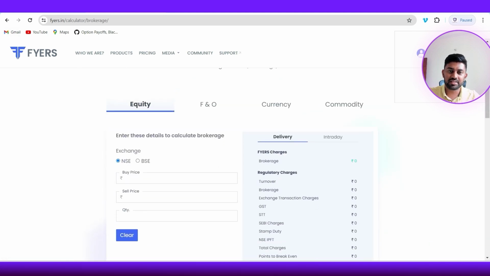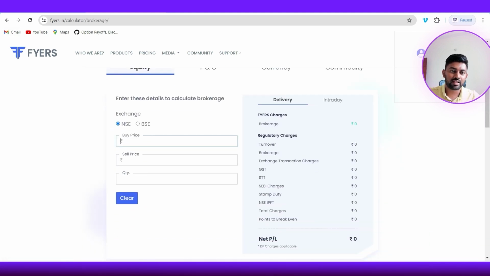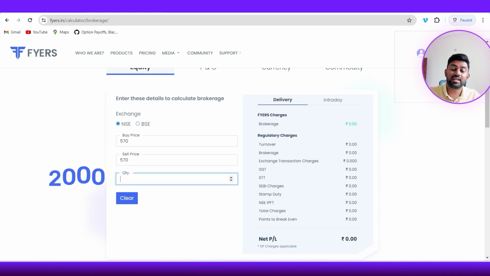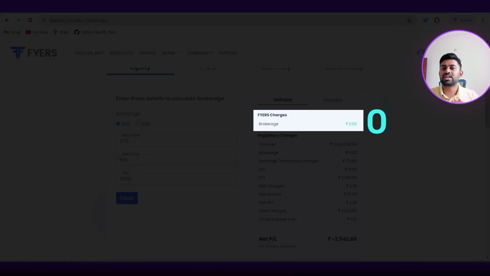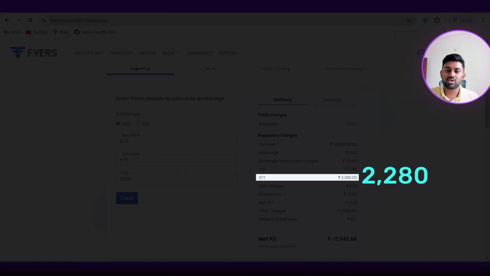So here it is. In equity, let us say I buy at 570 and sell at 570, and the quantity is 2000. The brokerage is 0. Fire's is not charging me anything for delivery, for holding for a day. But the STT is huge, 2,280, huge STT, right?